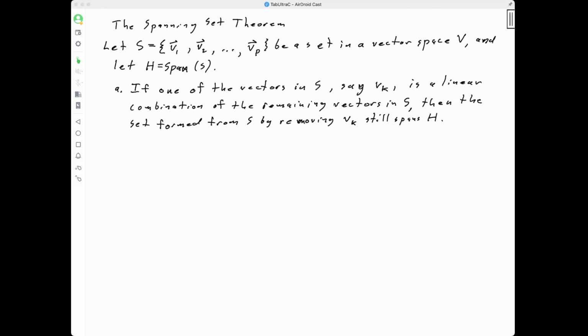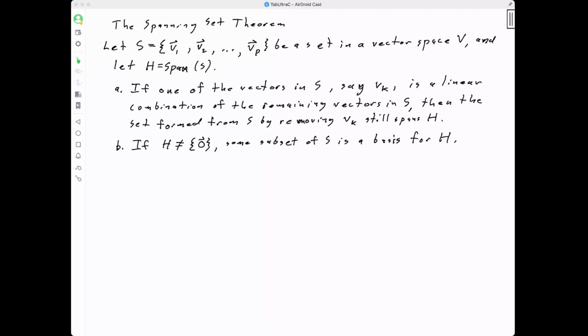And the second says that if H is not equal to the vector space that is just the 0 vector, some subset of S is a basis for H. So basically what this is saying is, if there are any vectors that are linear combinations of the other vectors, I can remove that one, and I can keep doing this one at a time.